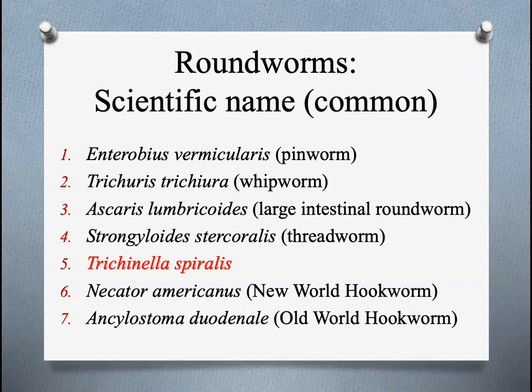So you just need to know Trichinella spiralis. And it's also unique because it's not an intestinal roundworm. It's our one tissue roundworm. So more on that later. Then we have Necator americanus, also known as the New World hookworm, and then Ancylostoma duodenale, also known as the Old World hookworm. So we have two hookworms.